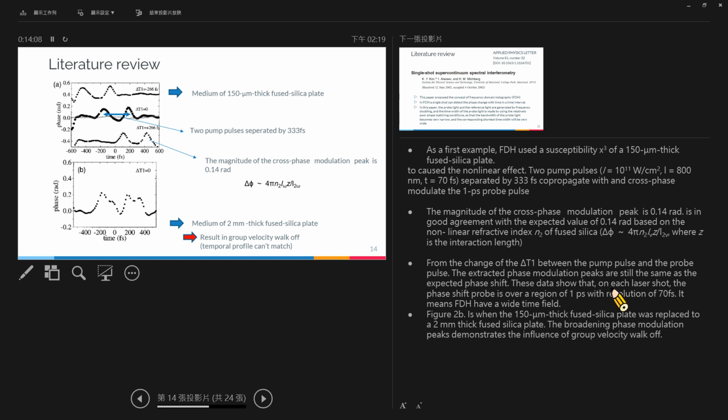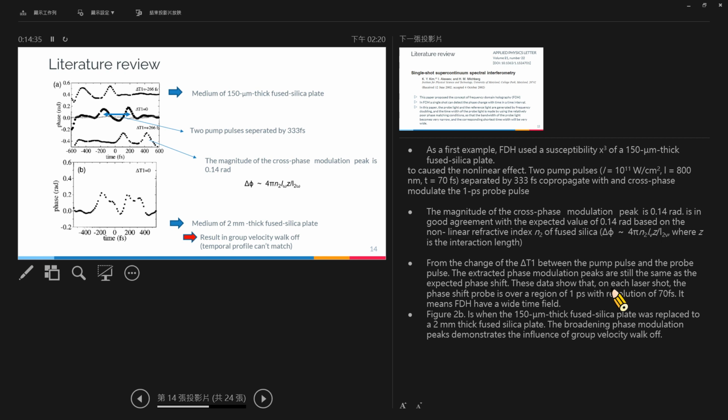And it has a second experiment. It puts in a 2 millimeter thick fused silica plate, and we can see there's some distortion inside the two signals. It is because there's some group velocity walk off. The temporal profiles cannot match, because this means that this medium is too thick.